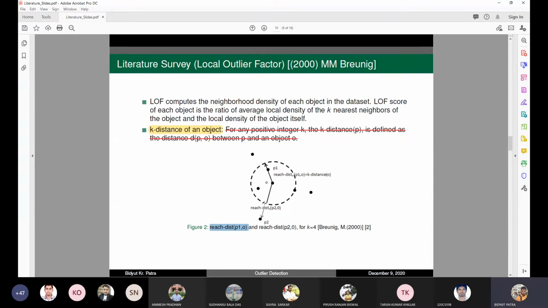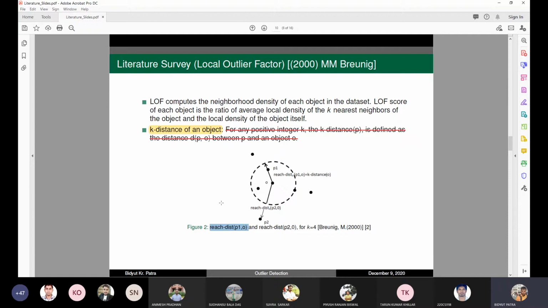Is it okay? So what is the k dist? K distance is the distance from the point to its kth neighbor. And what is reach distance?